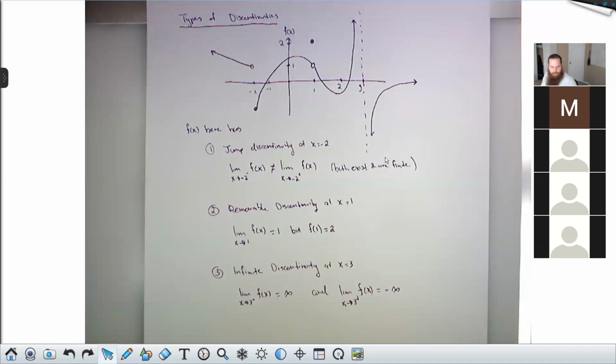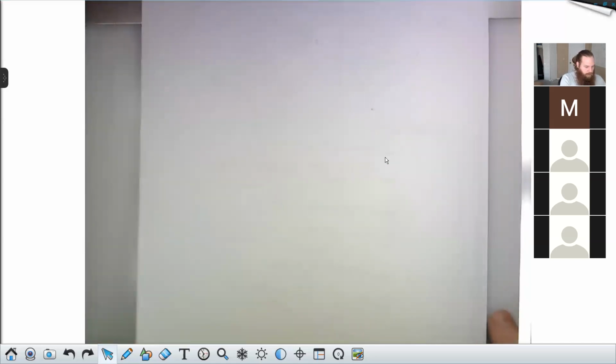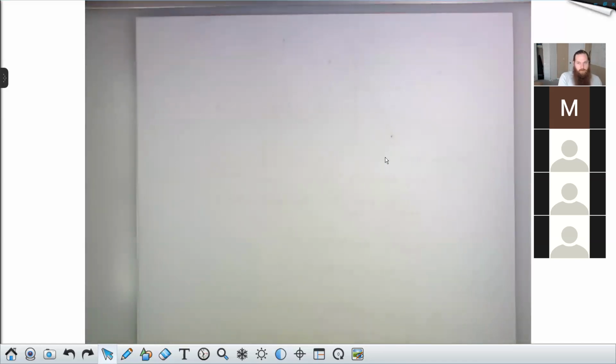So we're getting pretty brave with our infinity symbols. It turns out, in a lot of ways, calculus is all about wrapping your head around infinity. And that's not an easy thing.